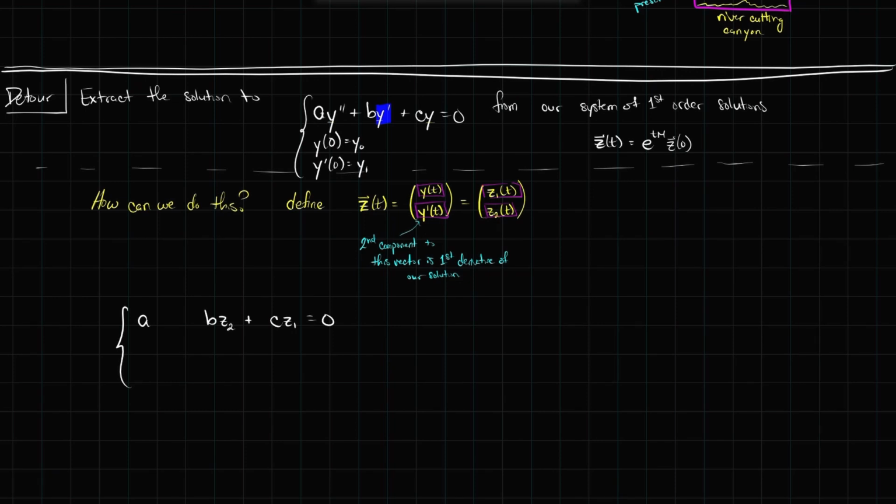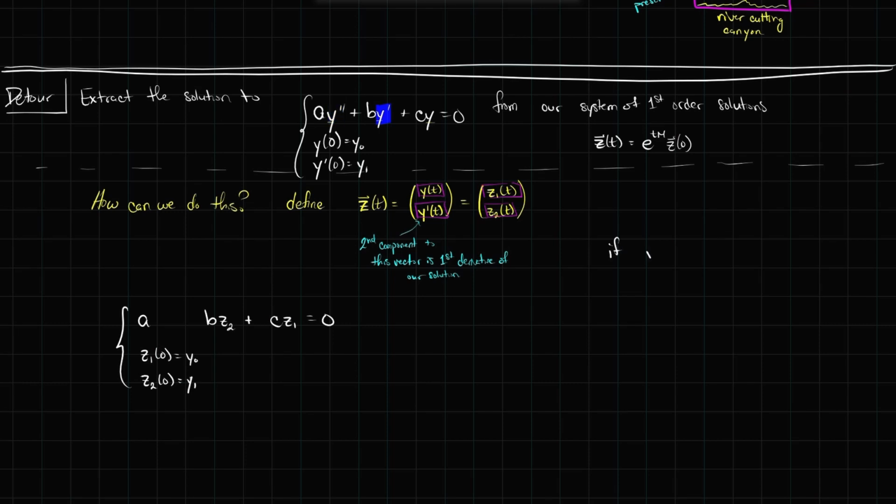And I can replace the y right there with z1 and the y prime right there with z2. So it looks like I have z1 at time 0 is y0, and z2 at time 0 is y1. I just replaced every y and y prime with z1 and z2. And the only term I haven't replaced is this y double prime. So that's maybe the tricky term. What should I do with that y double prime?